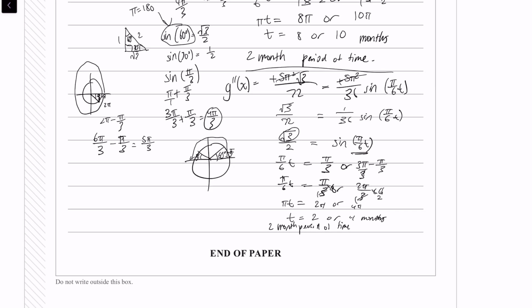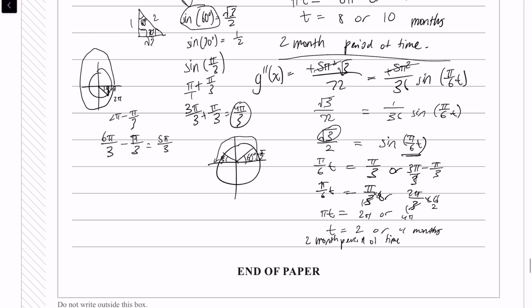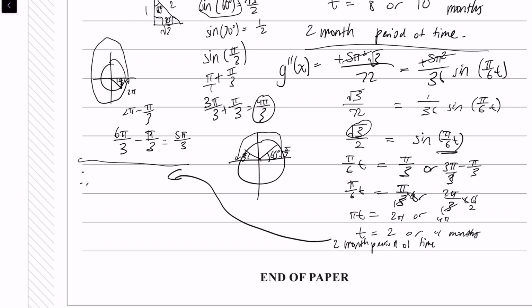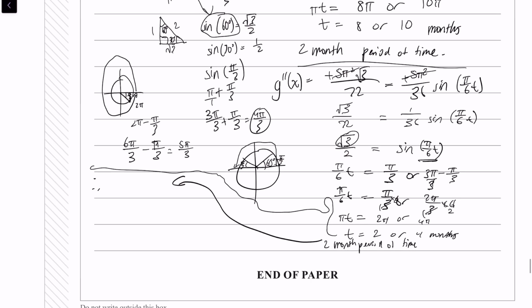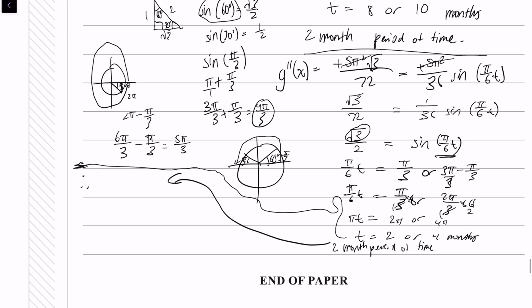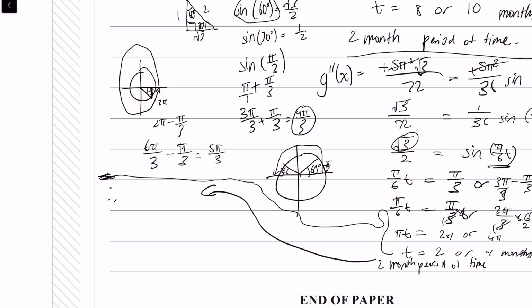Okay, and then now what we say is that we can draw an arrow to show our working. Maybe draw a division here so we know that the marker can follow our working.